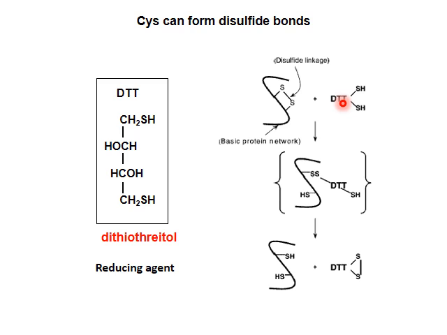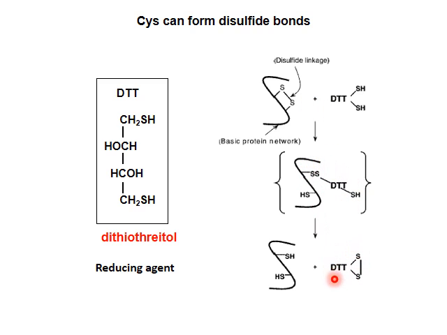This is DTT, and this is a reducing agent because it will help to donate electrons to break disulfide bonds. So once the disulfide bond is there, we can add this reducing agent, and it forms what's called a mixed disulfide.